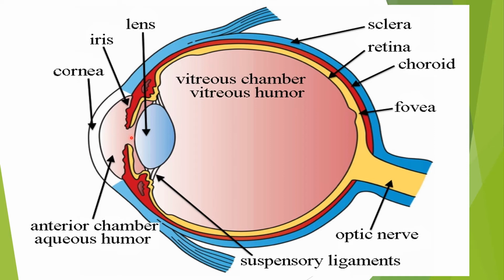The size of the pupil is under the control of the iris. Besides that, it also imparts coloration to the eye.